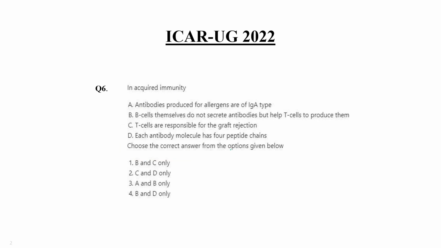Next question. In acquired immunity, an antibody produced for allergen is of IgA type. Which antibody did they mention for allergen? IgA type. B cells themselves do not secrete antibody but help T cells to produce them. T cells are responsible for graft rejection.